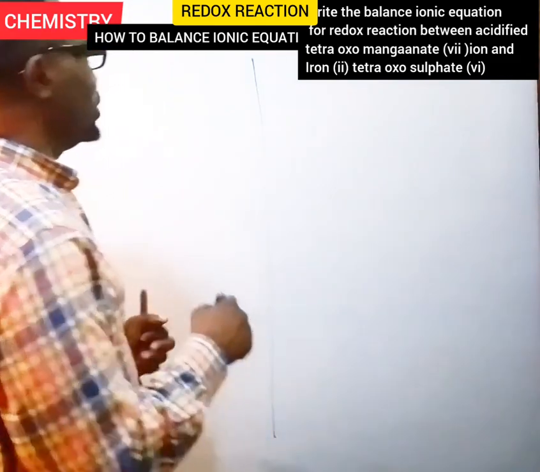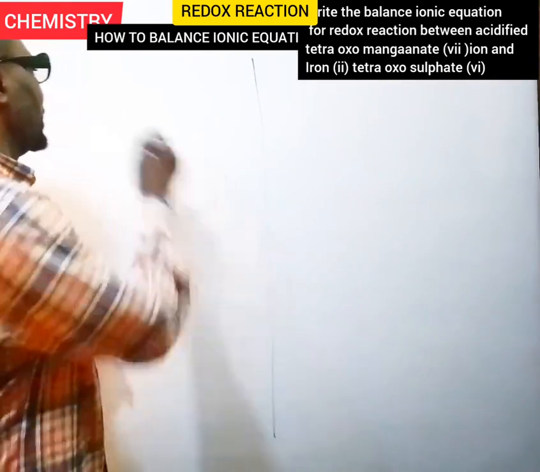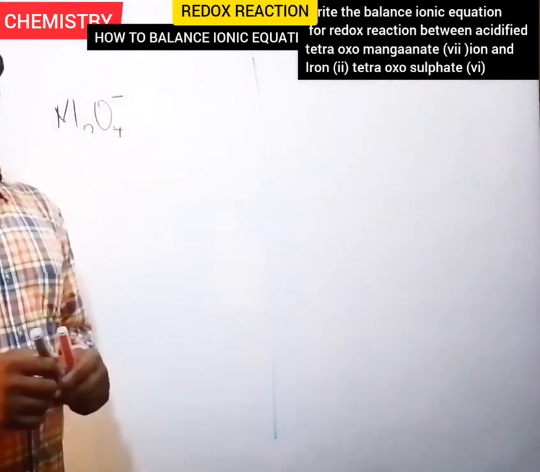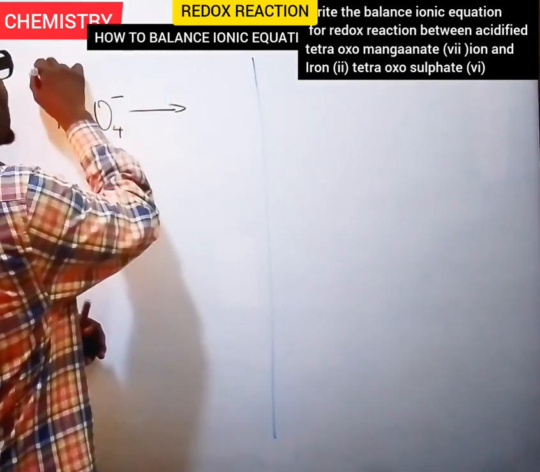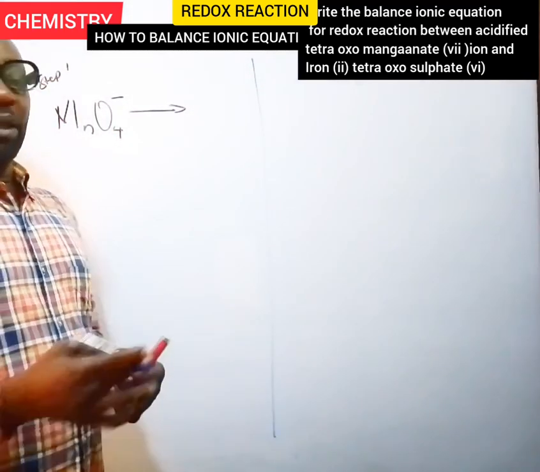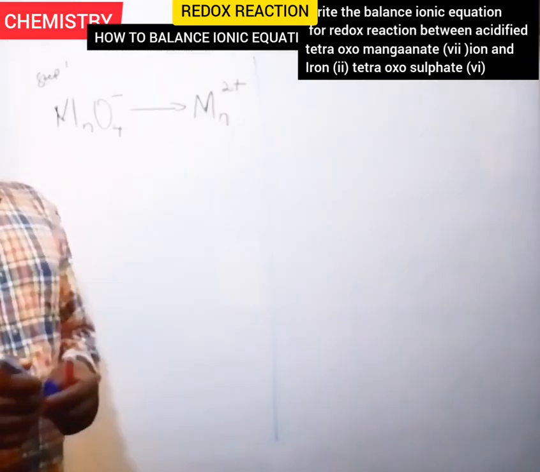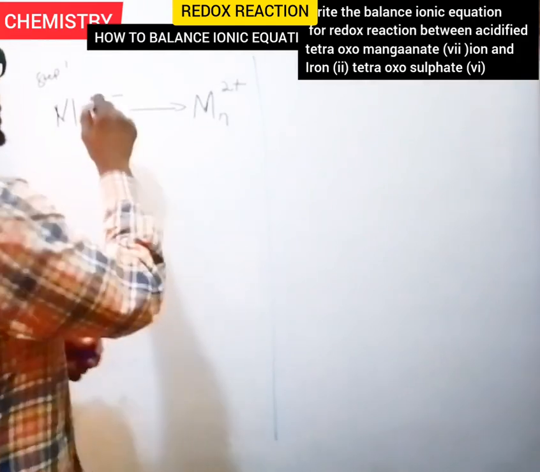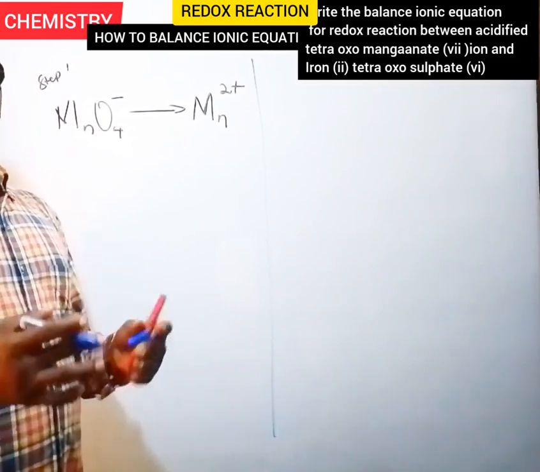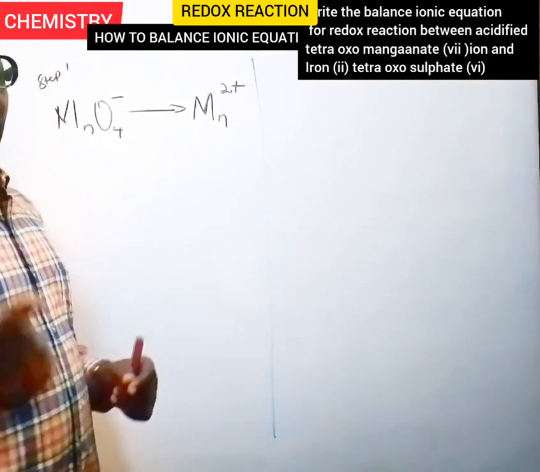Now, for the tetraoxomanganate 7, that is MnO4 minus. This will lead to Mn2 plus. Then the iron 2 tetraoxosulfate 6, that one is only the iron ion we are interested in showing.